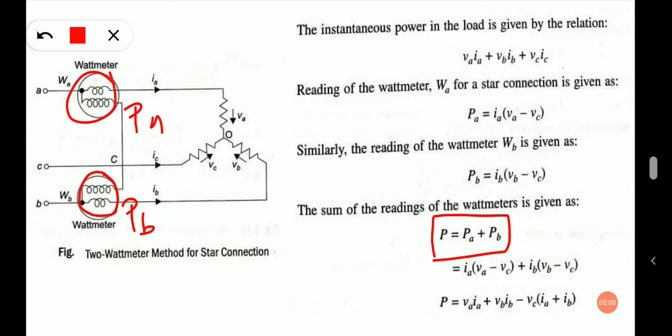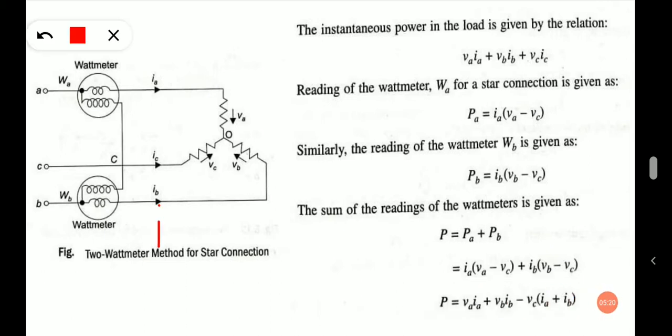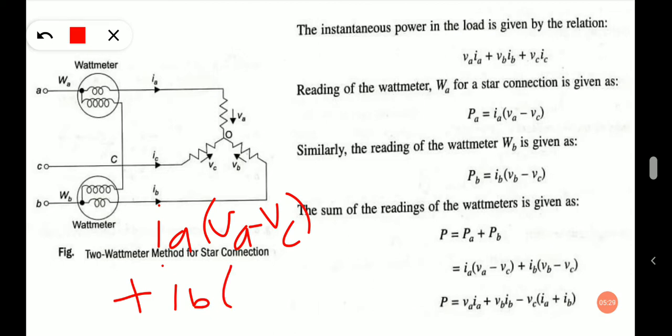So the sum of the readings of the wattmeters will be P equals PA plus PB, where PA is IA (VA minus VC) plus PB is IB (VB minus VC).